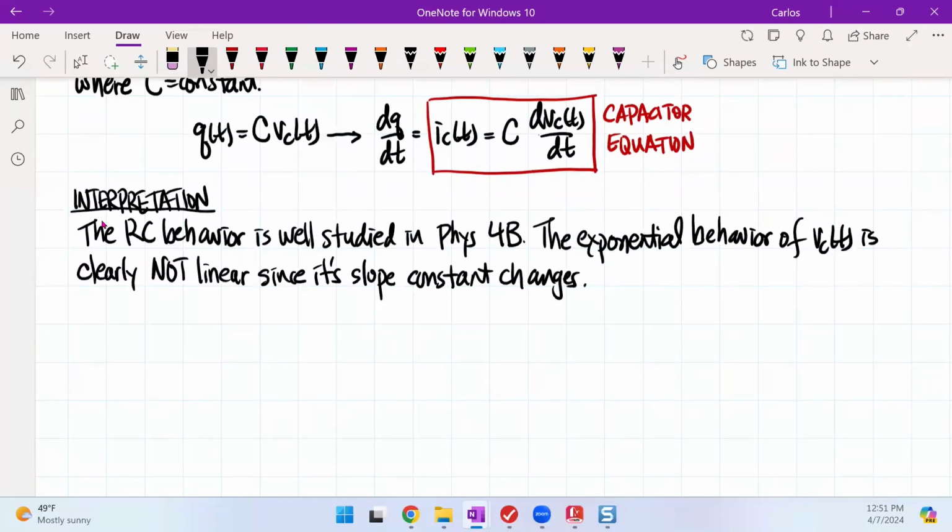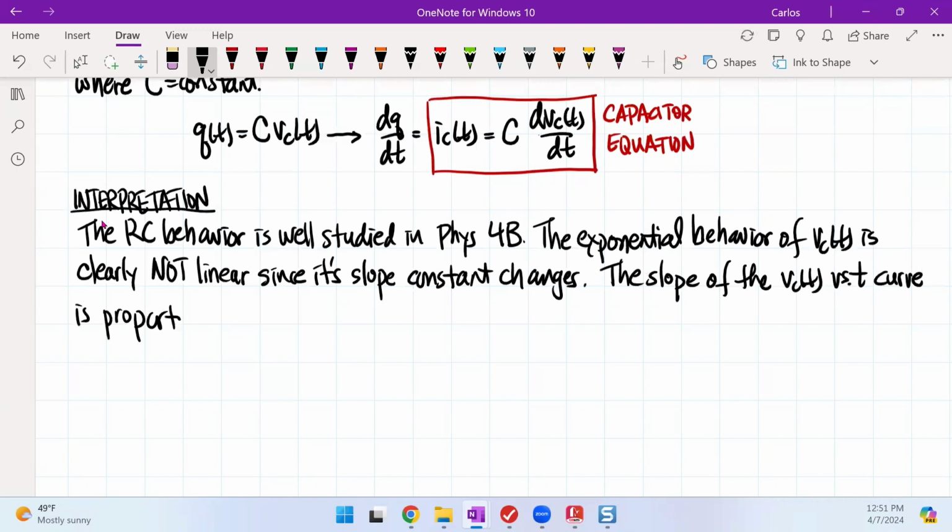And we're going to show this with the curve below. But the thing to remember here is the slope of the VC of t versus t curve is proportional to the capacitor current IC of t.